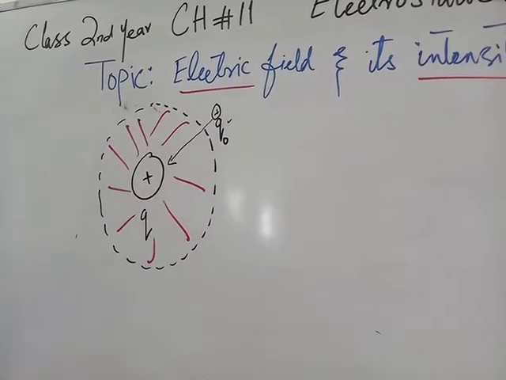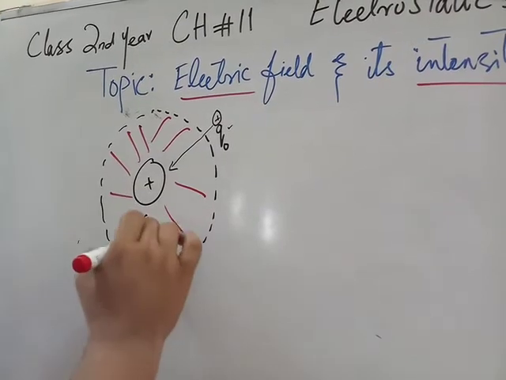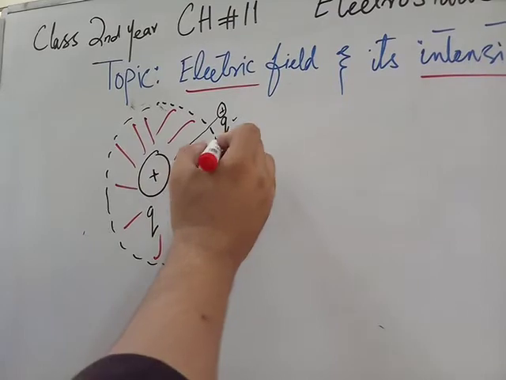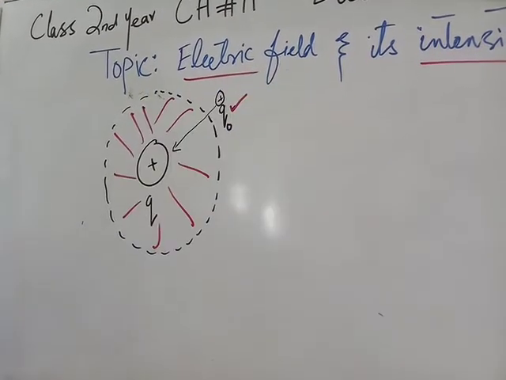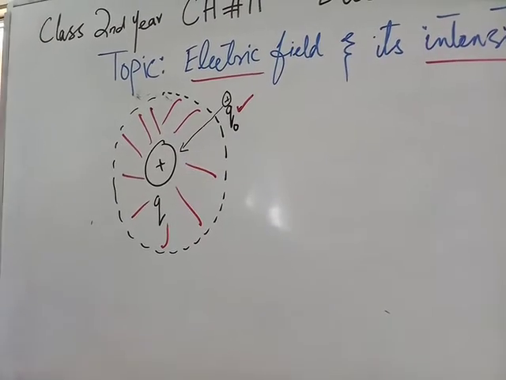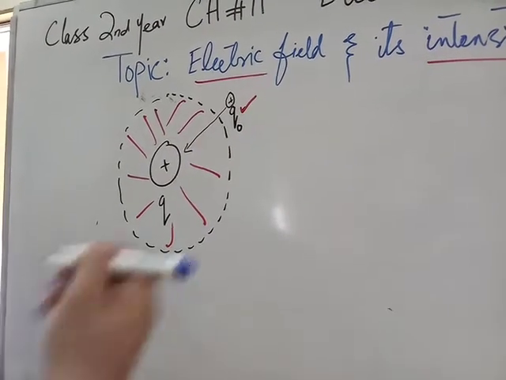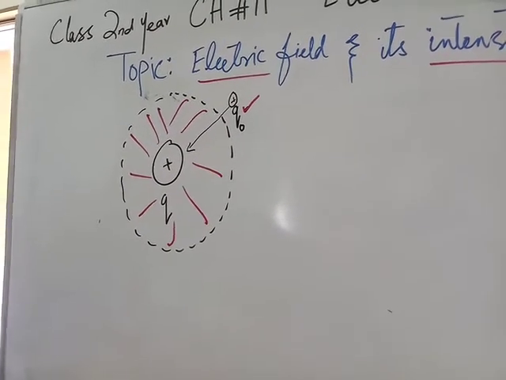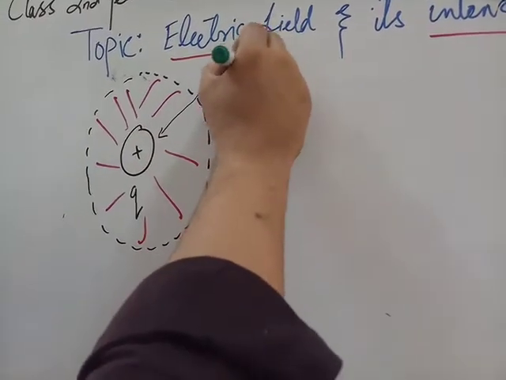We define the electric field as any region around a charge in which an electric test charge would experience an electric force. Here Q naught experiences a repulsive force in that direction.